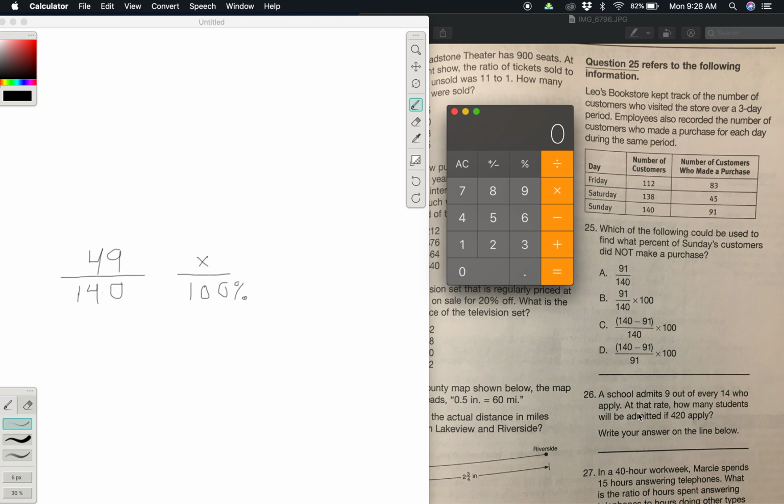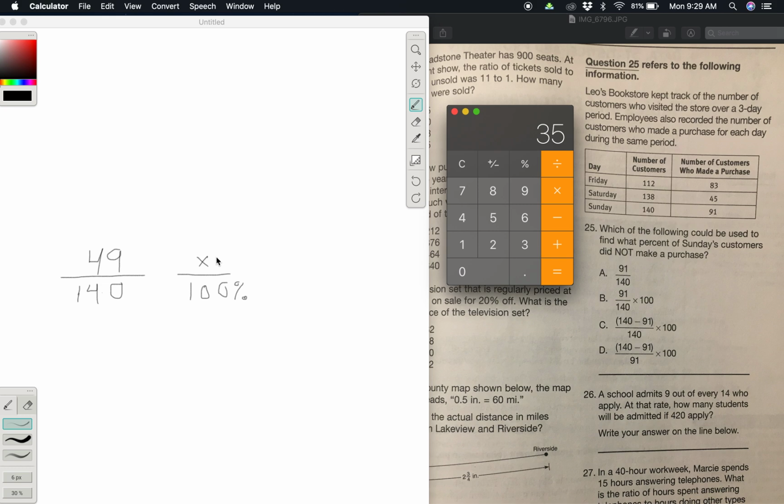Or you could do 140 minus 91, which is 49, divided by 140 times 100. Okay, so let's just quickly go ahead and do this. Either way you do it, you'll get the right answer, whether you divide and then multiply, or vice versa. Okay, 49 times 100 divided by 140 equals 35.